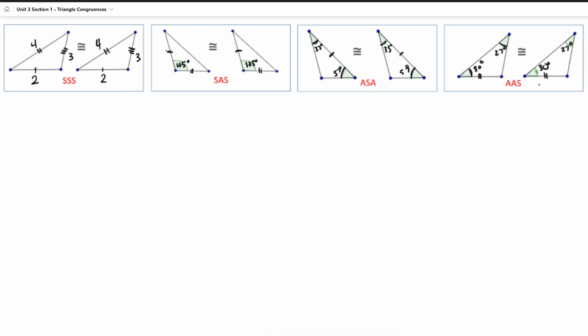So if you know that this is 30 and this is 27, we take 180 and subtract 57, which gives us an angle of 123. When two angles are given, the third one is already determined, and then you can create the triangle from there.